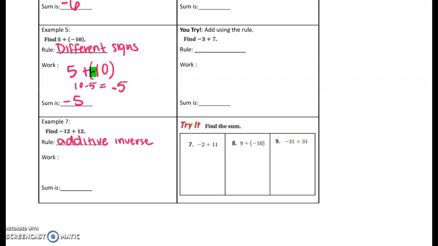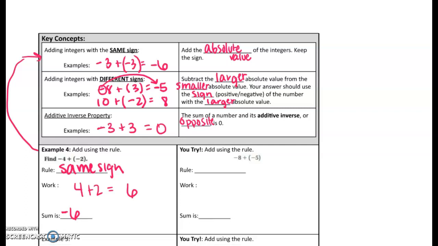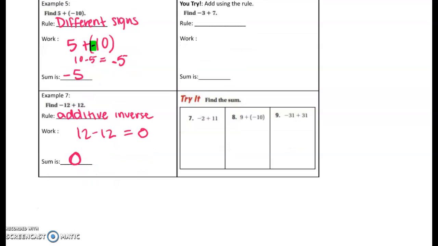We can say, oh, they're different signs, so we subtract the two numbers. 12 minus 12 is 0, and 0 doesn't have a positive or negative to it. So you can use this rule, the different signs, for additive inverse if you don't recognize that they are additive inverses. But the additive inverse just means when we have a negative and a positive, it gives us a 0.